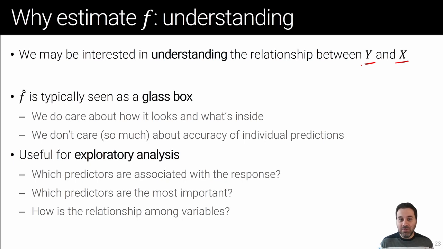To some degree we do, but the most important part is we want to be able to understand, to open the box, take a look inside, and then gather some new insights about reality based on what the model is telling us. And this is going to be very useful for exploratory data analysis because it will allow us to think in terms of what predictors are associated with the response, what x's seem to have an effect on the response, which are the most important, and how is the relationship between the variables, that kind of thing.